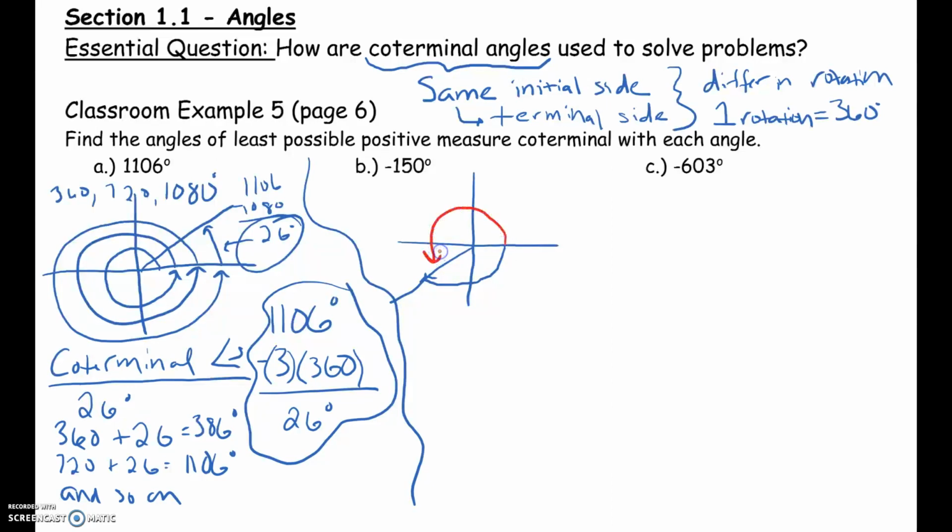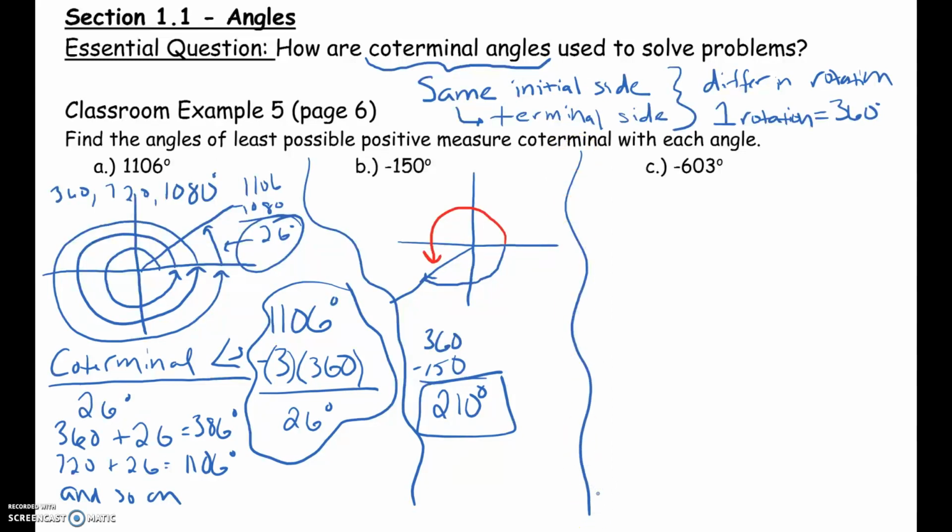That's going to be the least possible positive measure. So how do I find it? Well, I know the whole way around is 360. If I subtract off that 150, that's going to give me the angle in red. So 360 minus 150 is 210. And that's the answer.